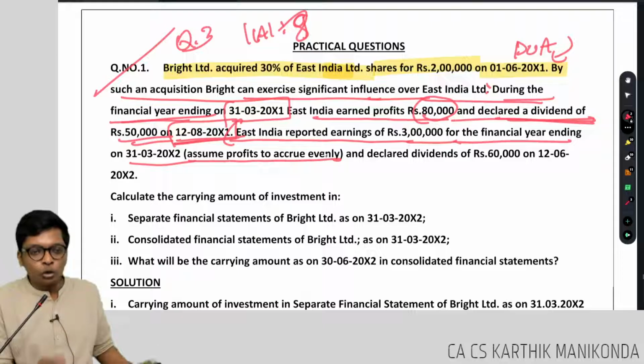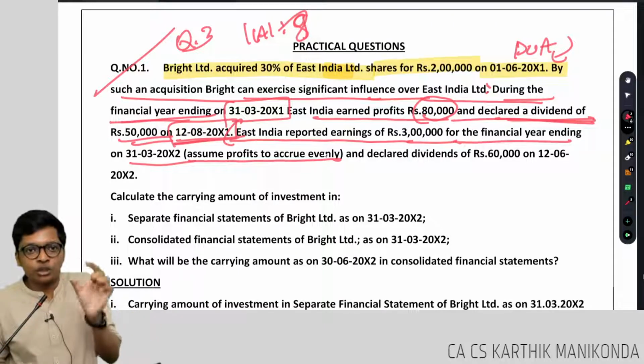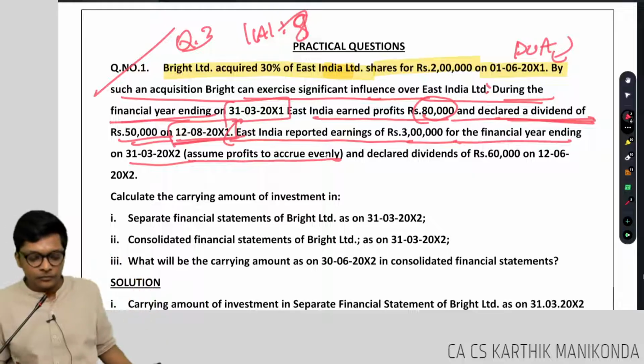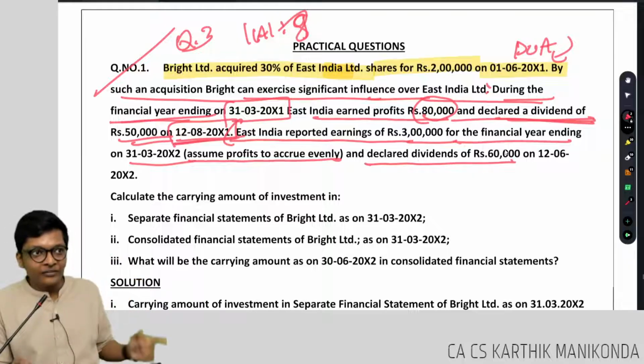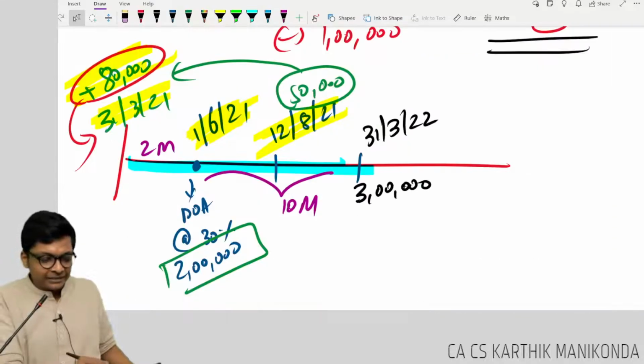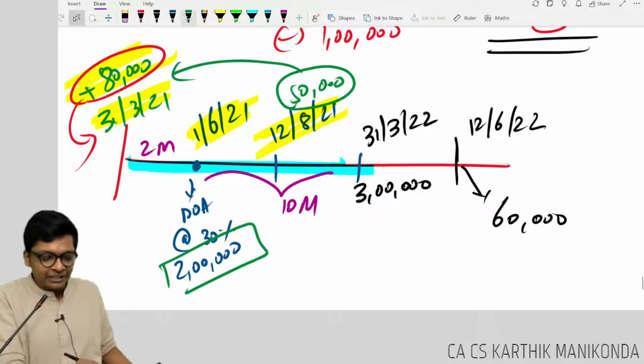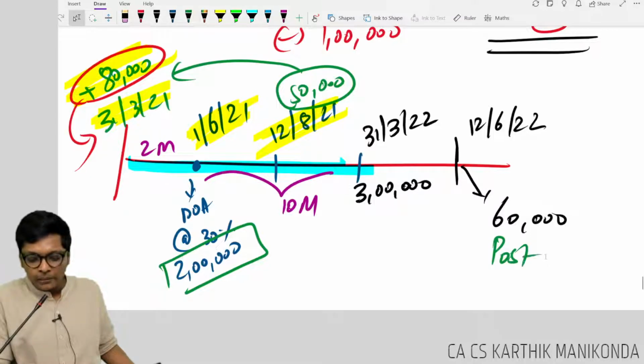Assume profits to accrue evenly. That means he's saying, please split using the ratio 2:10. And declared dividend of 60,000 on 12th June 22. Next year, 12th June 22, they declared dividend of 60,000. This is what dividend? Post acquisition.